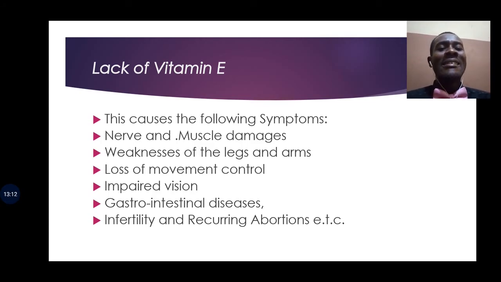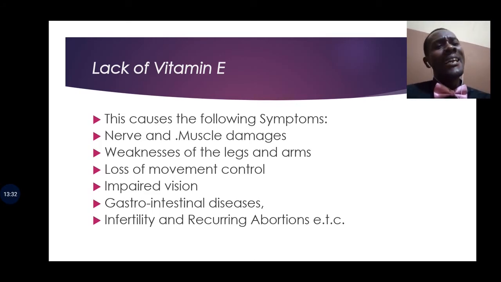Now, another one is gastrointestinal diseases. It can cause some indigestion in the patient when the person is lacking vitamin E. Then one of the fatal effects of vitamin E occurs in pregnant women.